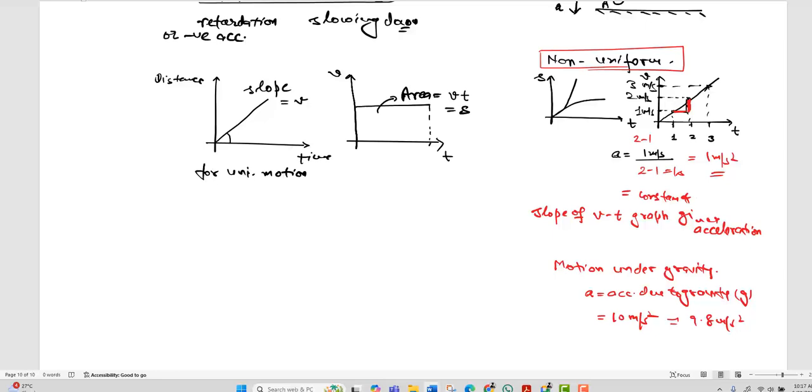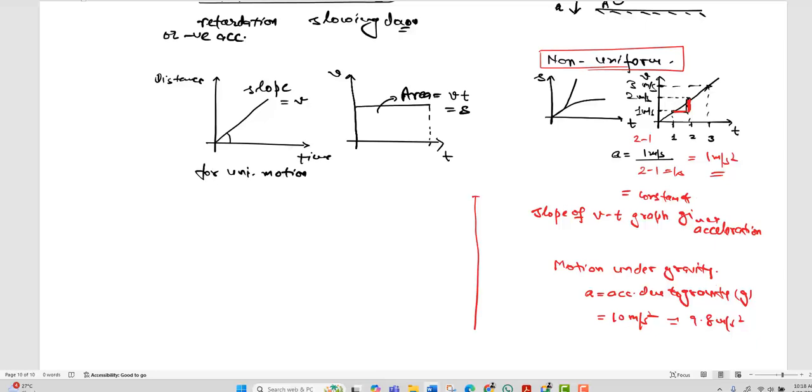It is one and the same thing. Whenever you throw something under the effect of the Earth's gravitational pull, Earth is pulling it downward towards its center, so it creates an acceleration of 10 meter per second square.